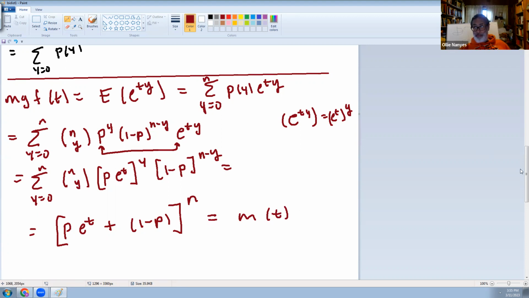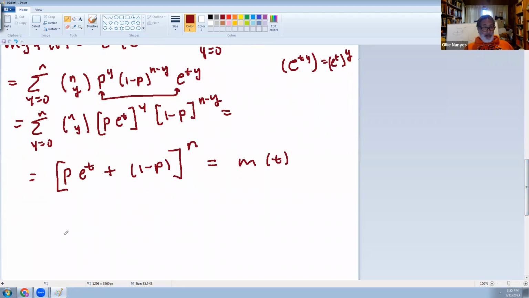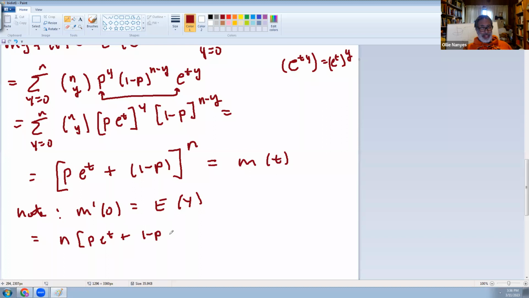Now note, if you know about the moment generating function, if you take the first derivative and set t equal to 0, that'll be the expectation of y. Let's become calculus students. You're differentiating this with respect to t, so the n comes down, to the n minus 1 power, multiplied by the derivative of the inside with respect to t.